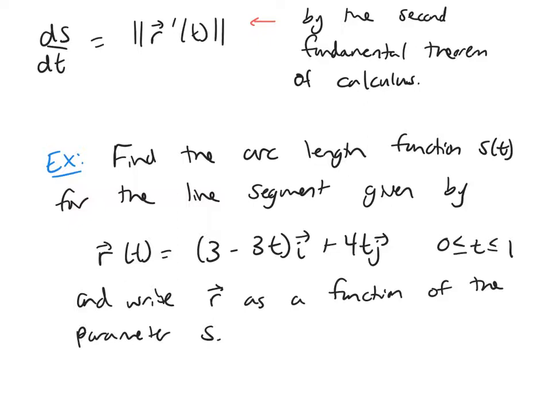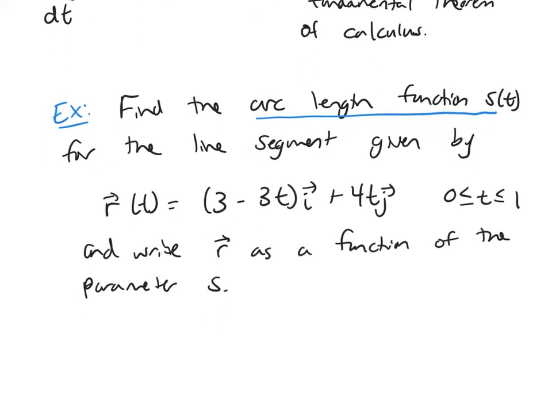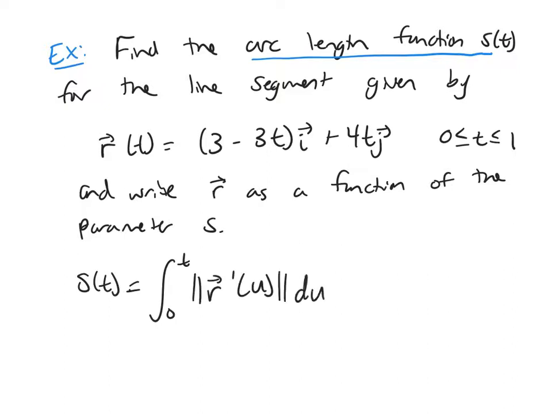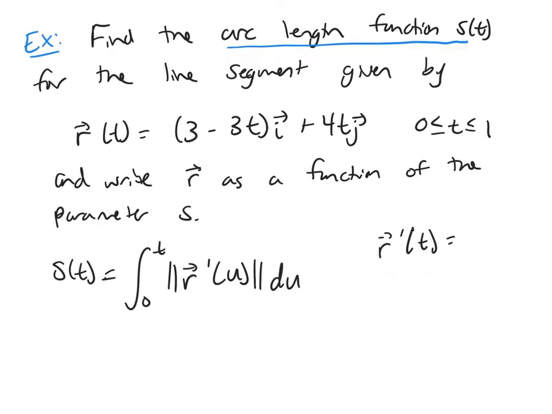We're going to start with what we were asked first, which is find the arc length function. So remind ourselves the arc length function s of t is the integral from 0 to t of the magnitude of r prime of u du. So I need r prime. Take the derivative of r and you will get minus 3i plus 4j. And so then what is the magnitude of r prime of u going to be?